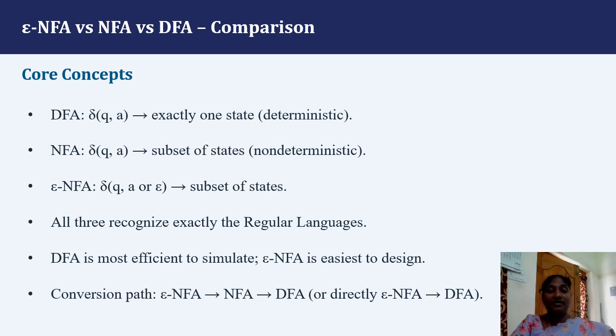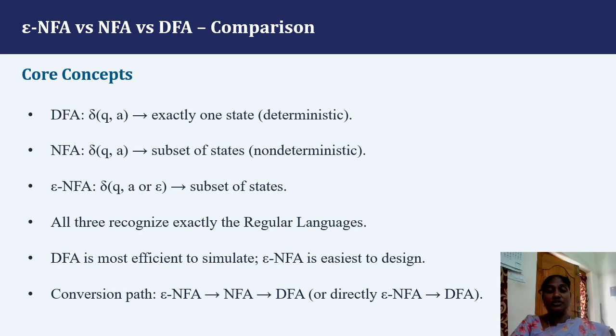In an NFA, the transition function delta takes the current state and input symbol, and it can move to a subset of states simultaneously. The Epsilon-NFA transition function takes the current state, and an input symbol or an empty string, and moves to a subset of states. All three recognize exactly the regular languages.